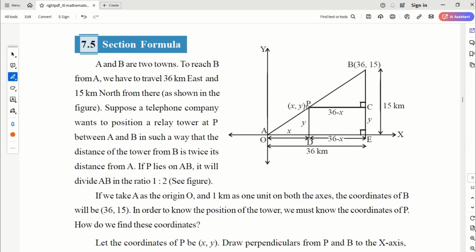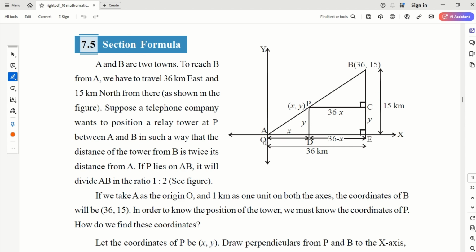Now P is here. I will call P's coordinates x comma y. So obviously OD is x and DP is y. Since this is a rectangle, CE is also y, and BC will be 15 minus y.